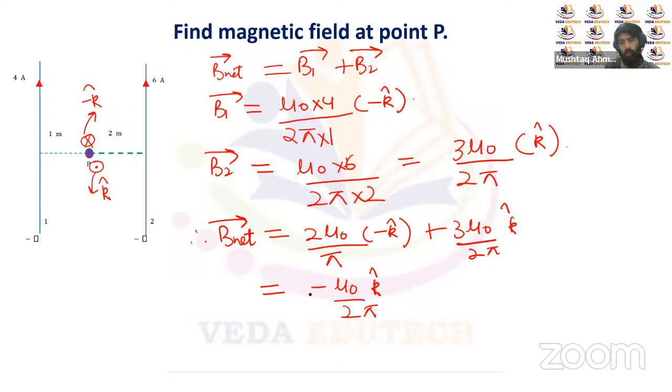This gives the net direction. It means the net direction of this magnetic field will be into the plane of this paper. So finally, the direction of the magnetic field is into the plane of this paper, and we'll write it as a cross symbol here.